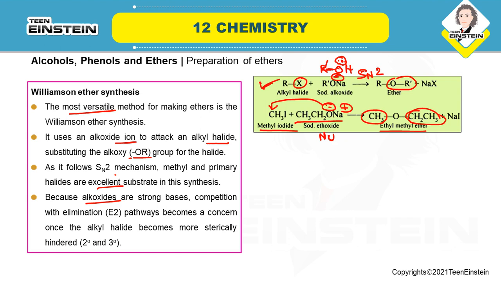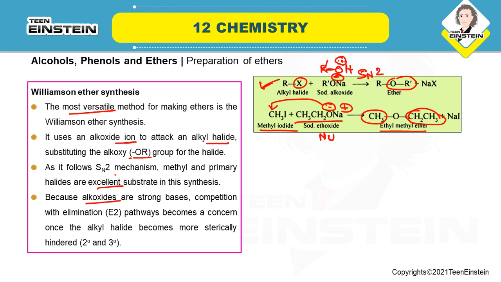But the same species can also act as a base, and when it acts as a base, it will capture some acidic hydrogen, but that will not lead to the formation of ether, because that will not lead to the substitution mechanism. Now it will be elimination.